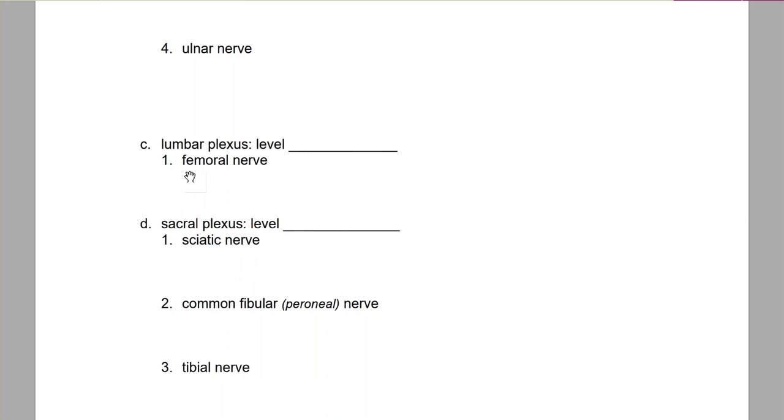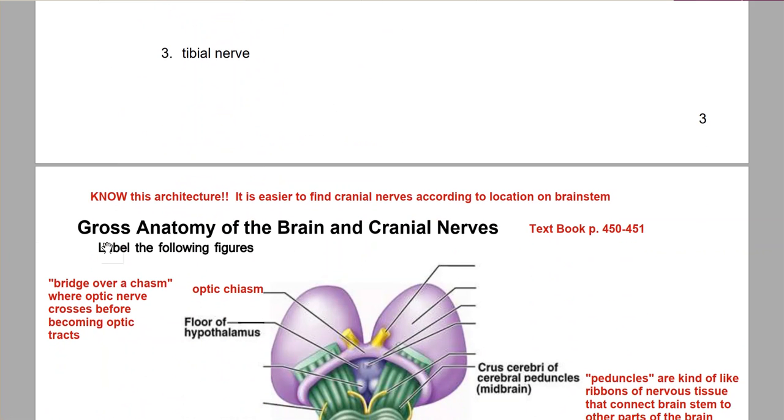So if you just remember, femoral front goes with lumbar, and then your sacral plexus goes with the sciatic nerve, and that goes down the back of your leg and services your lower leg calf muscles and stuff.